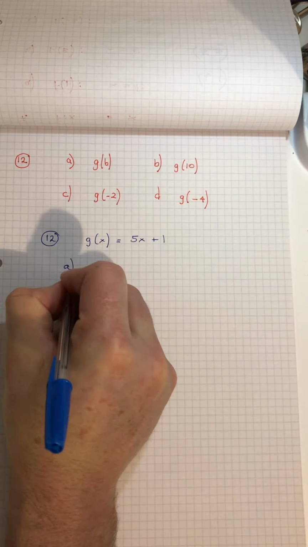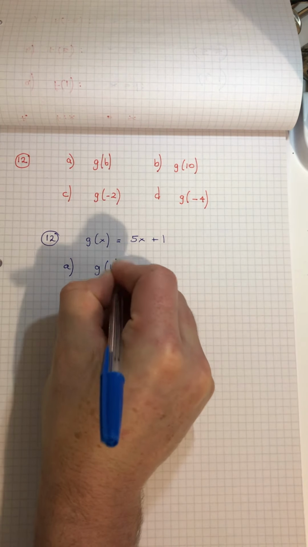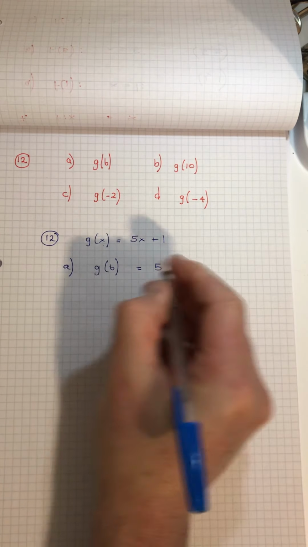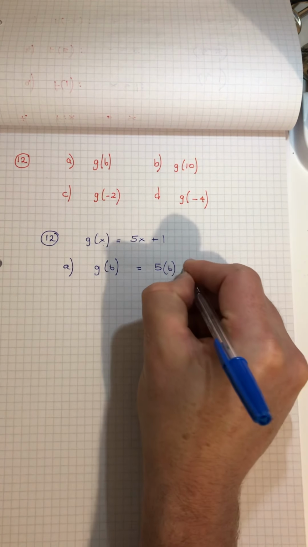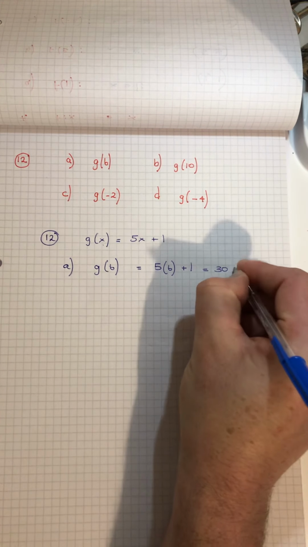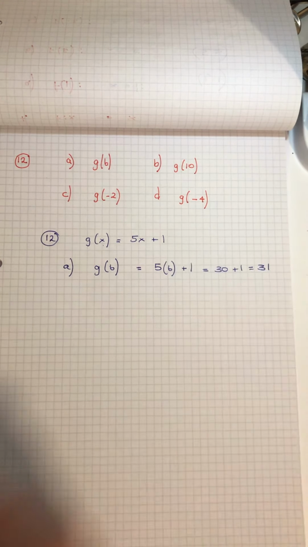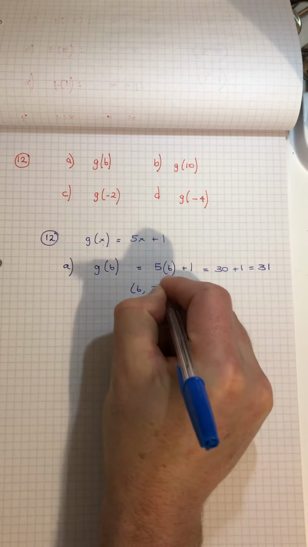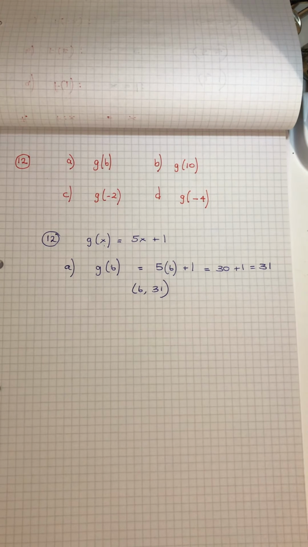So for part A, g of 6 will be equal to 5, x is 6, so 5 times 6 plus 1, which is 30 plus 1, which is 31. So when I put in 6, I got out 31.